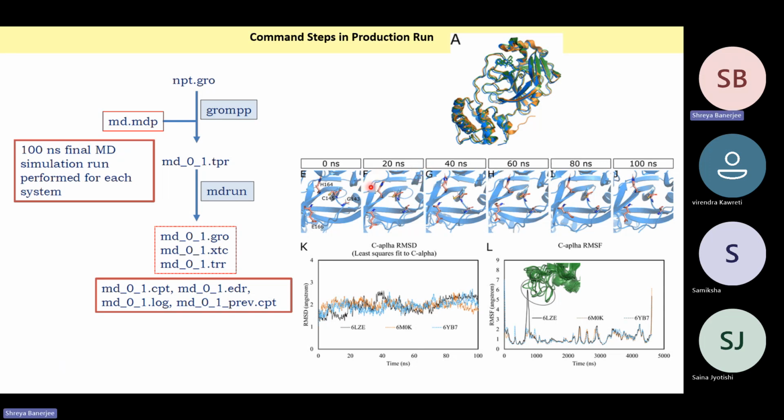Then after you have all these different PDBs, you can find out how the protein is moving with respect to time. And there are some values which we can calculate, like RMSD and RMSF. I will discuss them in the coming slides.